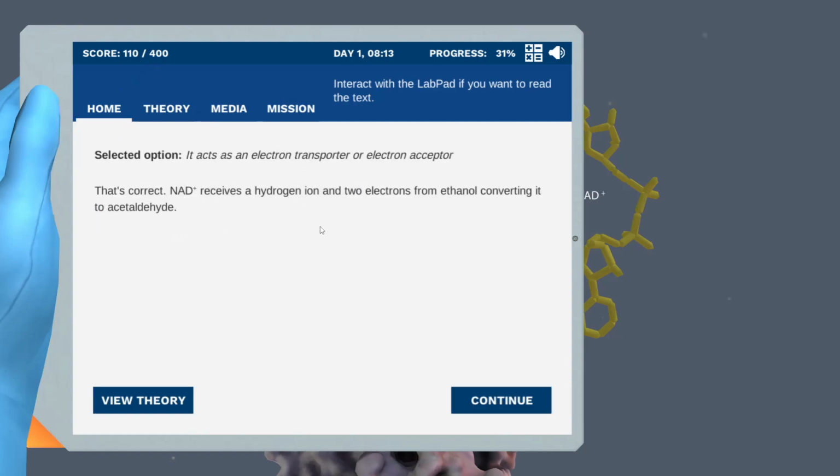That's correct. NAD+ receives a hydrogen ion and 2 electrons from ethanol, converting it to acetaldehyde.